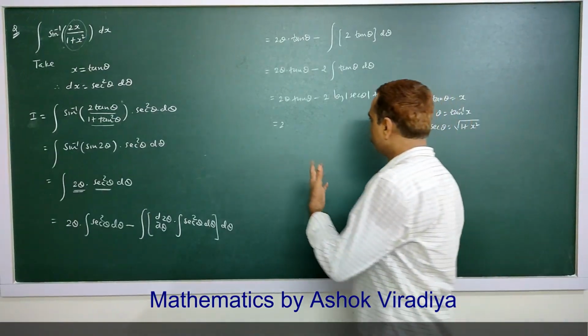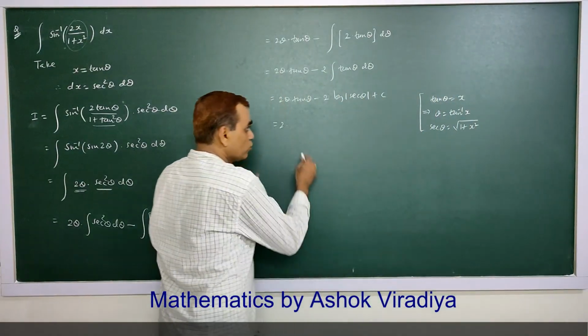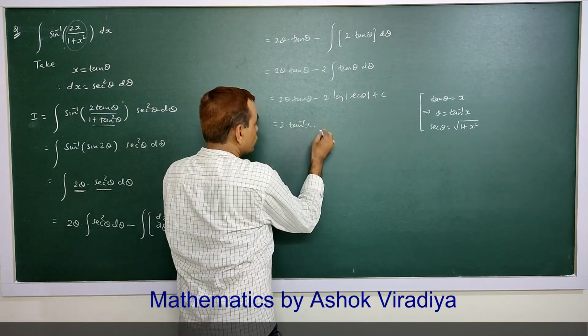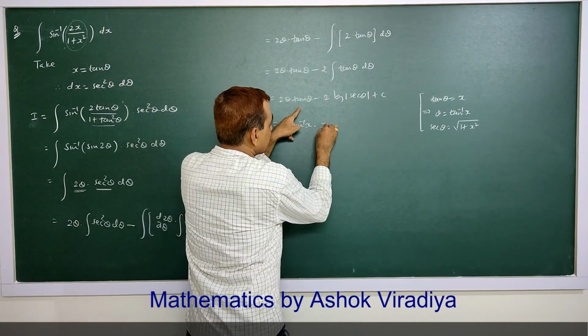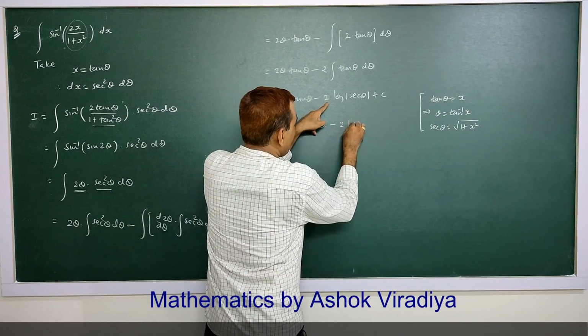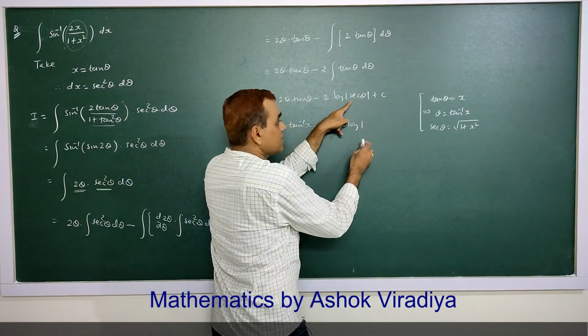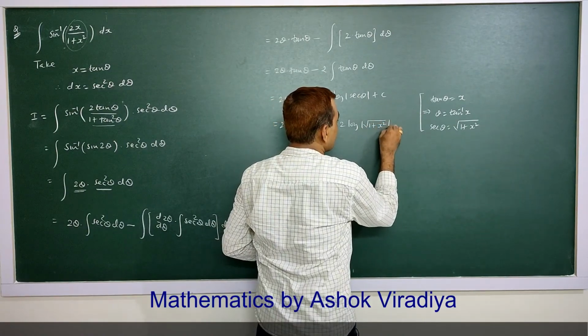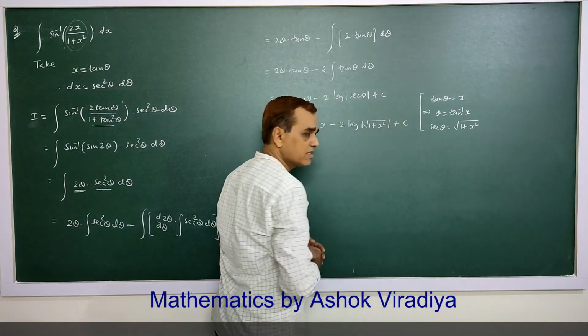So putting values, 2 into theta is tan inverse x, into tan theta is x, minus 2 log modulus sec theta, which is root 1 plus x square, plus c.